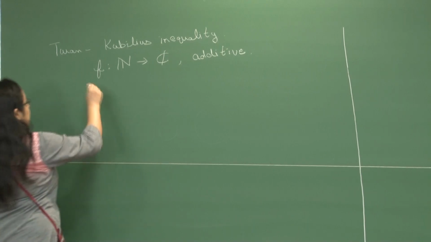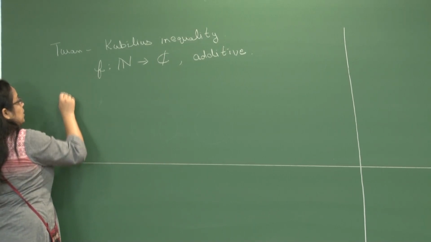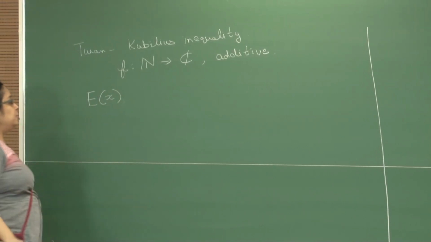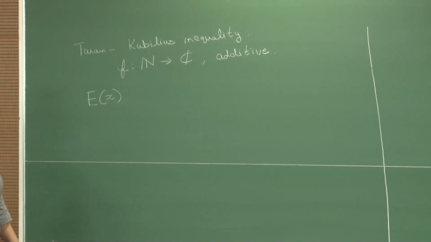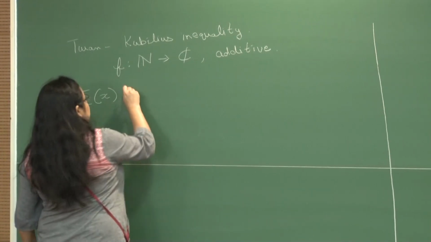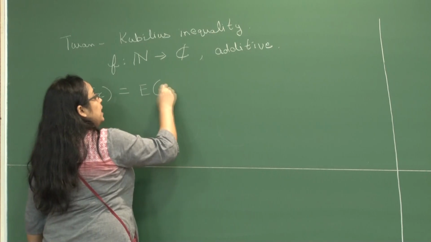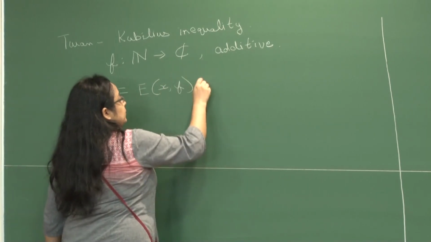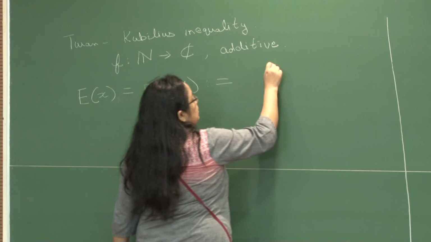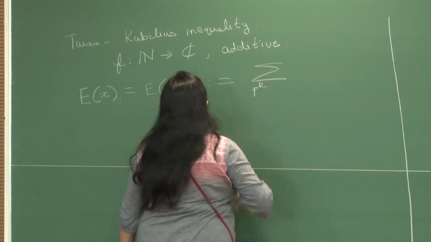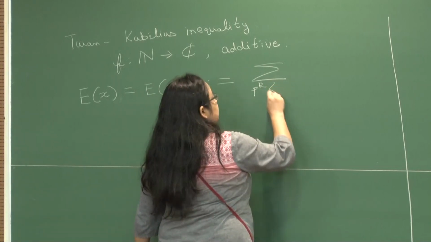that function. So, E of x, given any real number x greater than or equal to 2, which we also denote as E of x comma f, is defined as the summation over p raised to the k less than or equal to x.